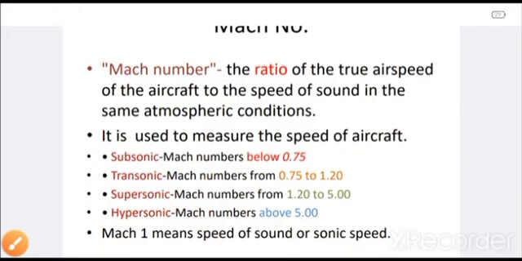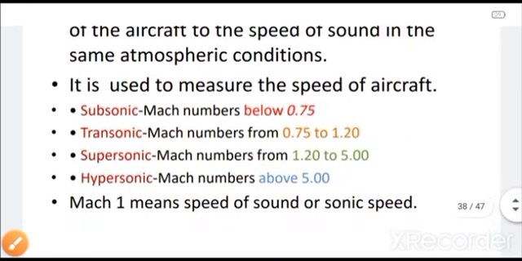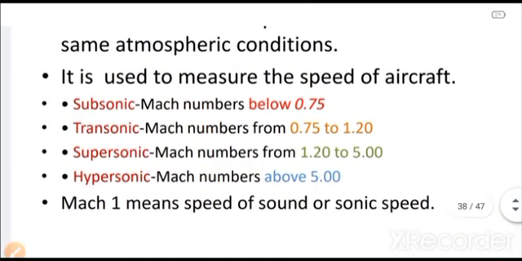So Mach 1 is the sonic speed, and if any aircraft travels at Mach 1, it is traveling at sonic speed. Normally all the transport category aircraft and all the light aircraft travel at less than sonic speed. More than sonic speed is called supersonic speed, which is from 1.2 Mach to 5 Mach, and there are hypersonic speeds, which are above 5 Mach.